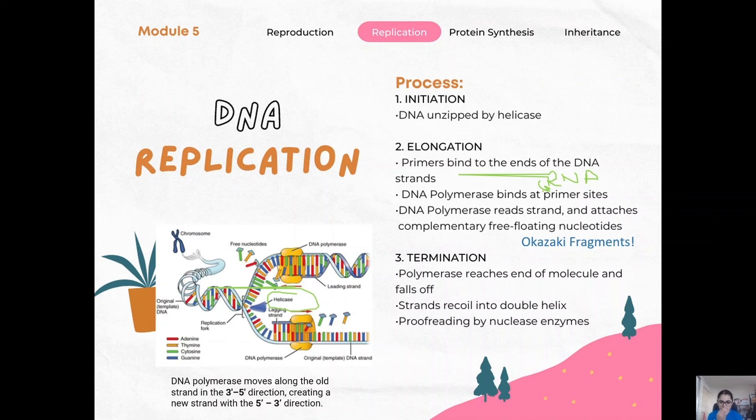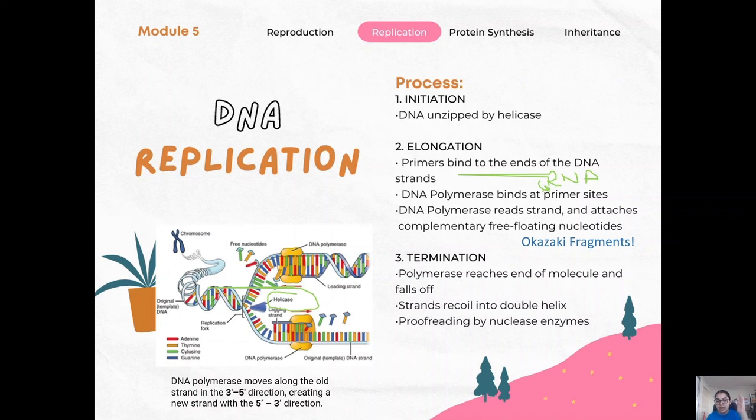So once it binds, it then starts to read the strand and attach the free-floating nucleotides. Now, the really important thing here is that we need to remember that DNA replication is happening in the 5' to 3' direction.